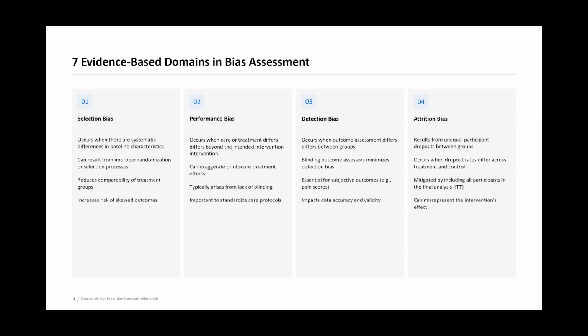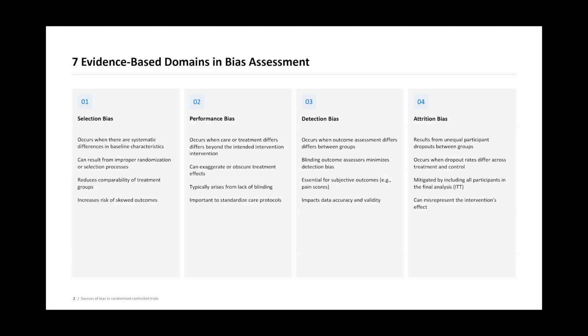For example, if a study has selection bias, the groups being compared may not be similar enough at baseline, so that may lead to misinterpretation of the treatment effect. So understanding bias, as we said, is critical. We have to be careful of that.